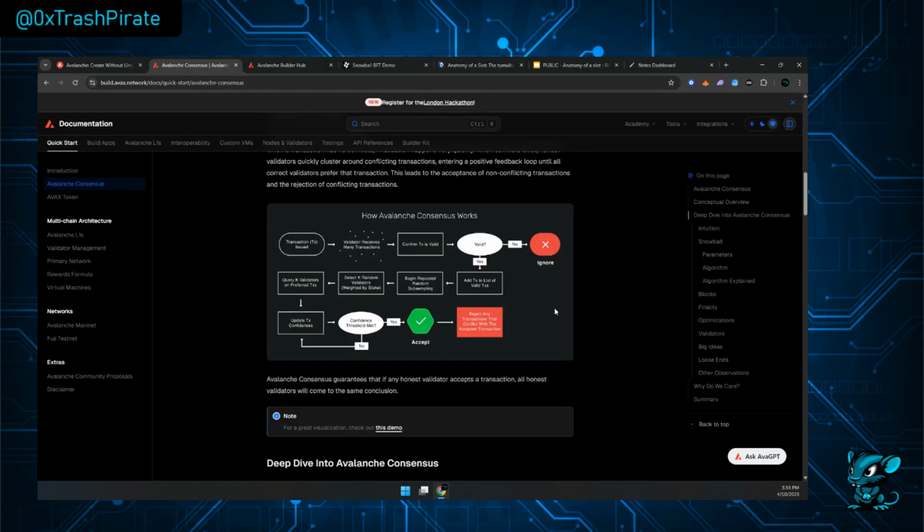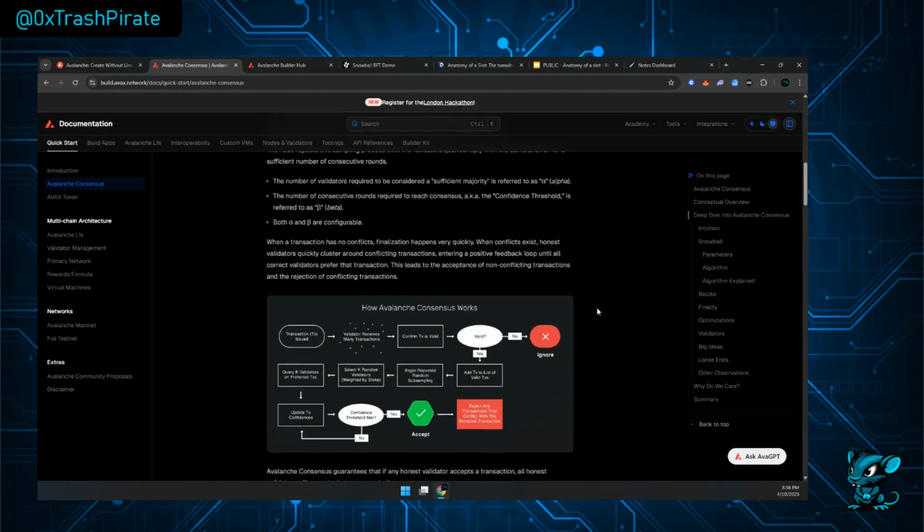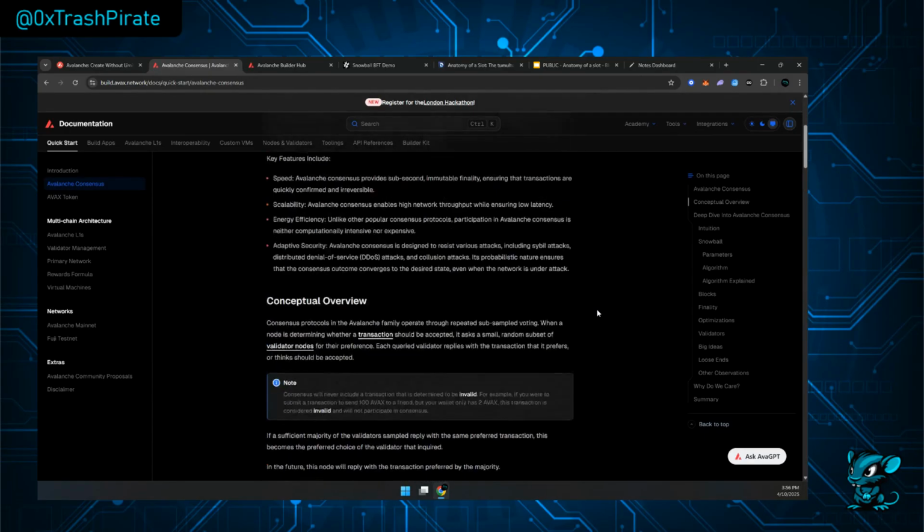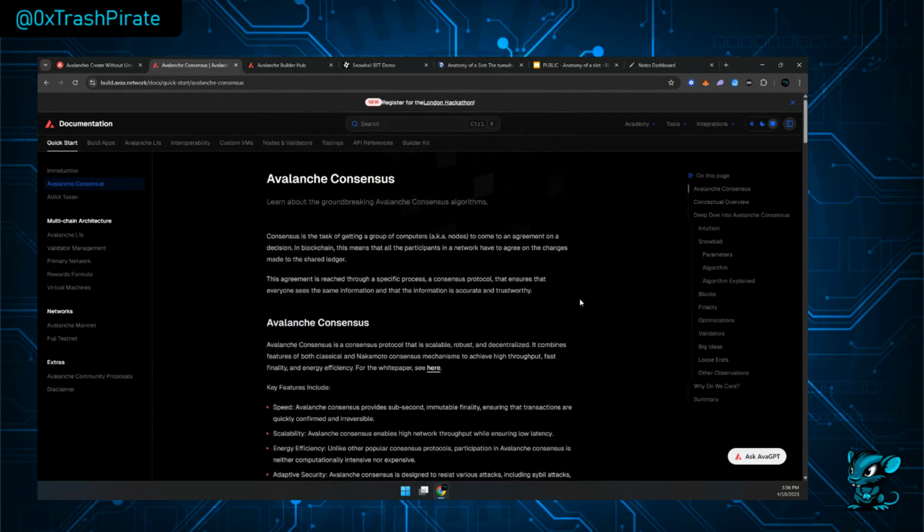That's why I really love this blockchain, because it seems to promise scalability, security and speed, which you rarely have all together. So I'm very excited about Avalanche. I think it's a great chain.